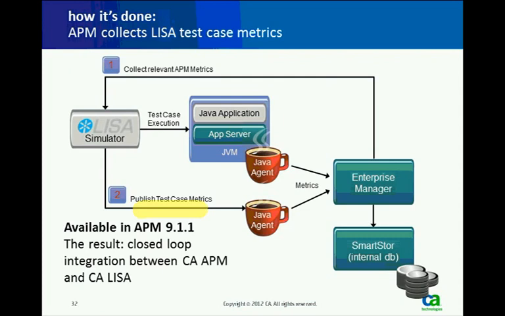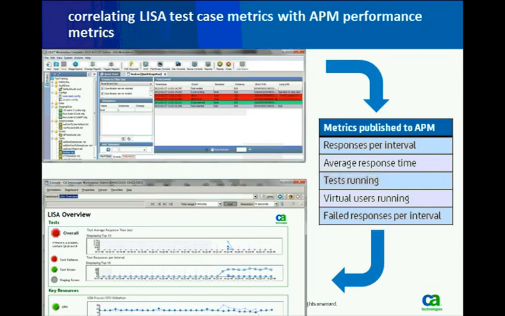wall to pre-production. So the types of metrics that we do provide or collect from CA Lisa are the responses per interval, the average response times of the test itself, the running tests, the virtual users that are running, and the failed responses. So this is an interesting use case for us.